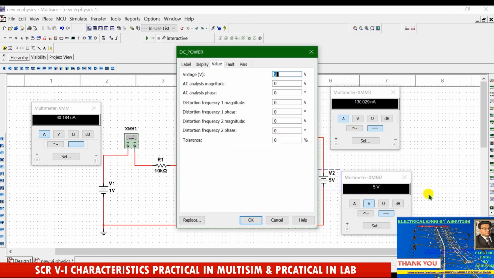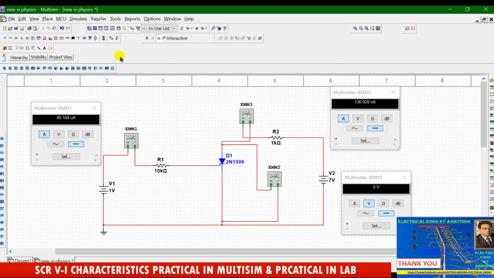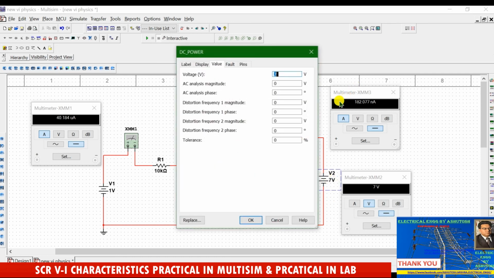Now we will increase this voltage from 5 to 7. Again run the simulation, and the gate current is constant, but the anode to cathode leakage current is 182.077 nanoampere, and the anode to cathode voltage becomes 7 volt. You can note it down in your observation table. Then stop the simulation and increase from 7 to 9 volt.